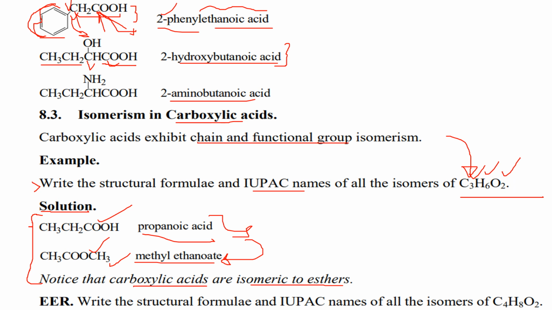Always, in the following question, they'll provide a physical property of the carboxylic acid to help you identify what you're looking for. Now, you have an assignment here, and you are being prompted to write the structural formula and output names of all possible isomers of a compound containing 4 carbon atoms, 8 hydrogen atoms, and 2 oxygen atoms.